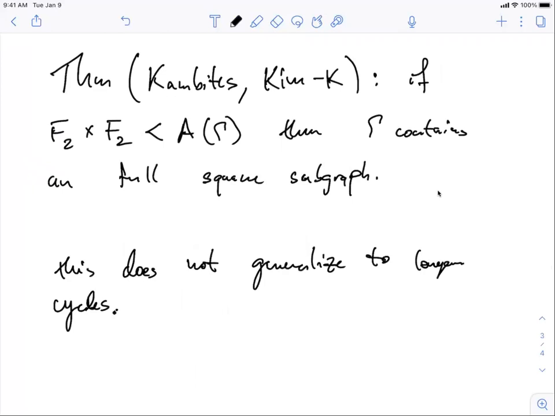So let's let C5 be the next cycle. So this will be the pentagon graph. The right-angled Artin group on C5 is one that is very interesting to geometric group theorists because it contains closed hyperbolic surface groups.